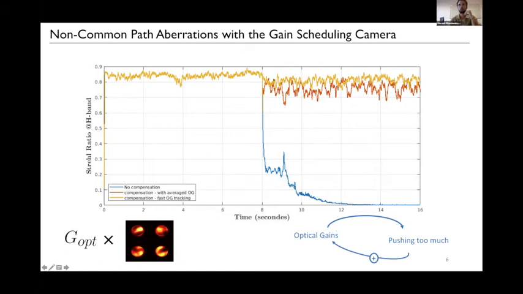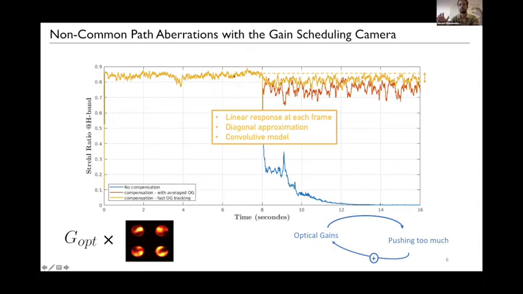Of course, the correction is not perfect, because if we were correcting the NCPA in a perfect manner, we would reach this average Strehl ratio. Actually, we have this difference because when we do this optical gain approach, which all of us are using, we are assuming that the pyramid has a linear response, which is kind of changing at each frame, but we are still focusing on a linear response, and we are still working with matrices.